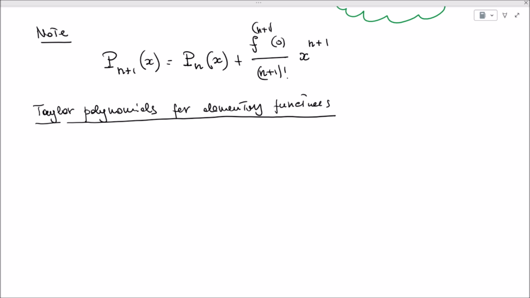So if we have the exponential e to the x, this can be expressed in the form of Taylor polynomials as 1 plus x plus 1 over 2 factorial x to the square plus 1 over 3 factorial x to the cube, and so on and so forth.